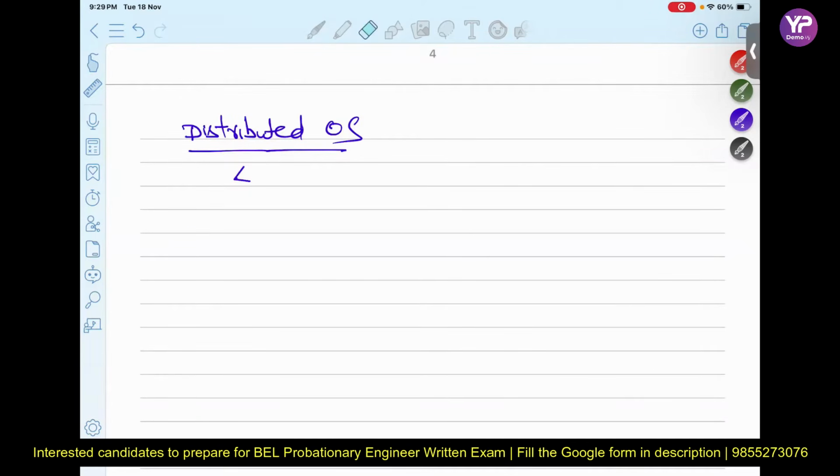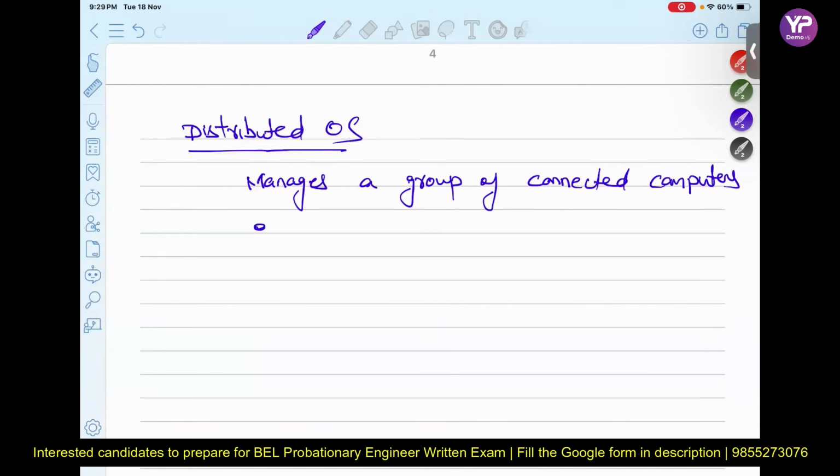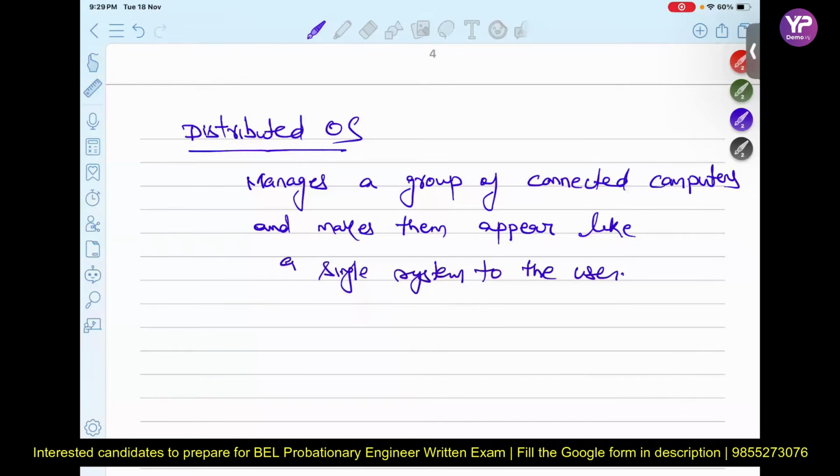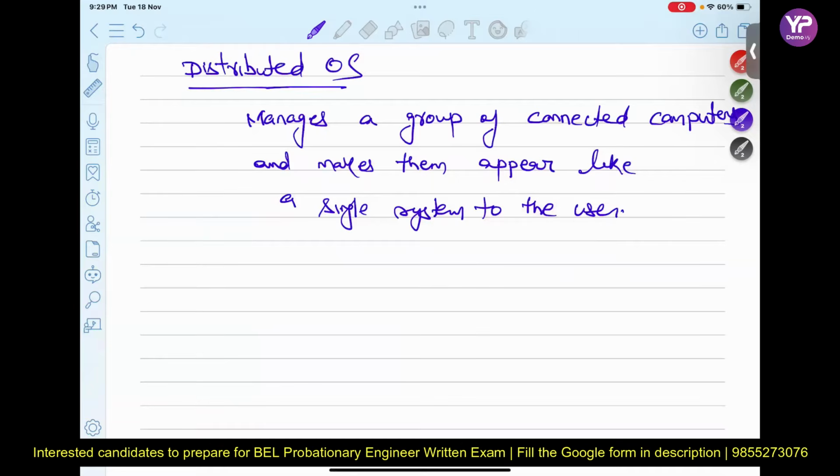So this is the operating system which manages a group of connected computers and makes them appear like a single system to the user. Mainly it is used for functionalities like load balancing, and the resources are shared across the multiple systems. That's the distributed operating system.